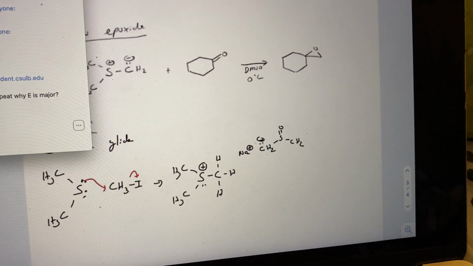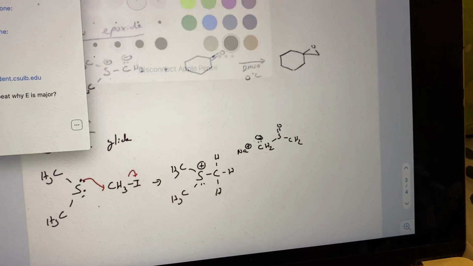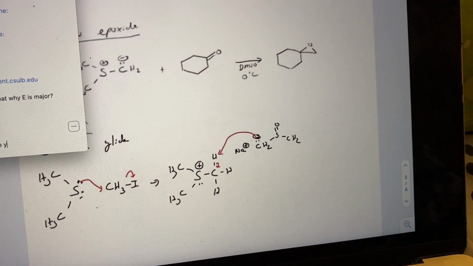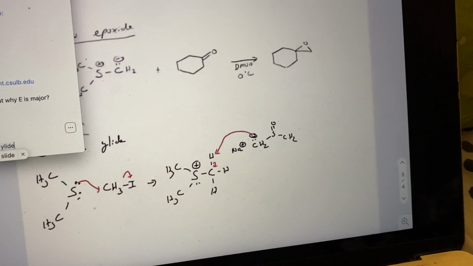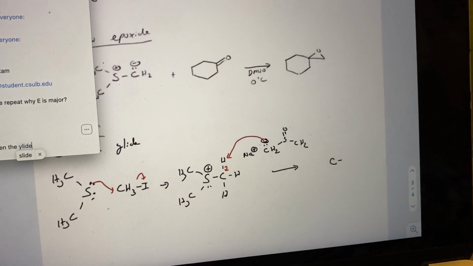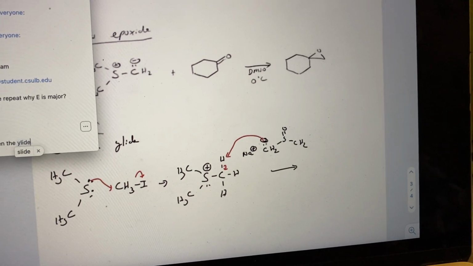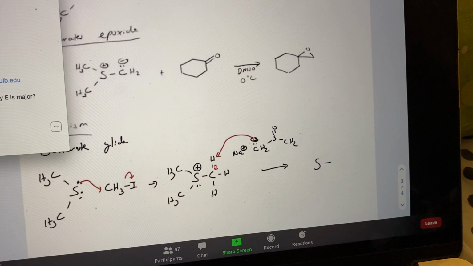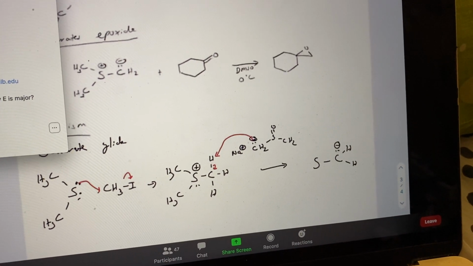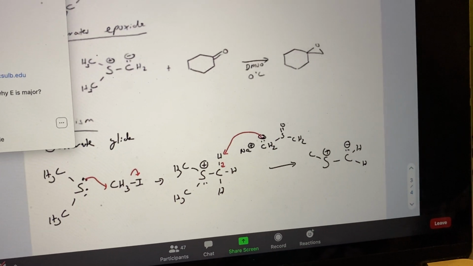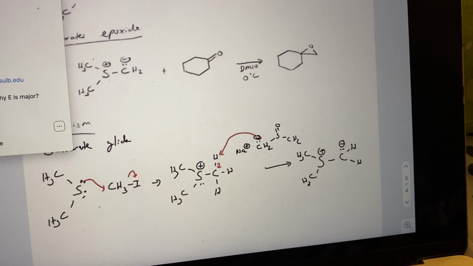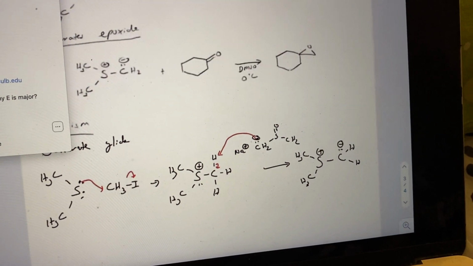We've deprotonated DMSO, and that'll take a proton off to generate DMSO. Sorry, I'm so used to writing carbon. Here we go. Sulfur with our positive formal charge, carbon now with our negative formal charge. So now we have our sulfur ylide.